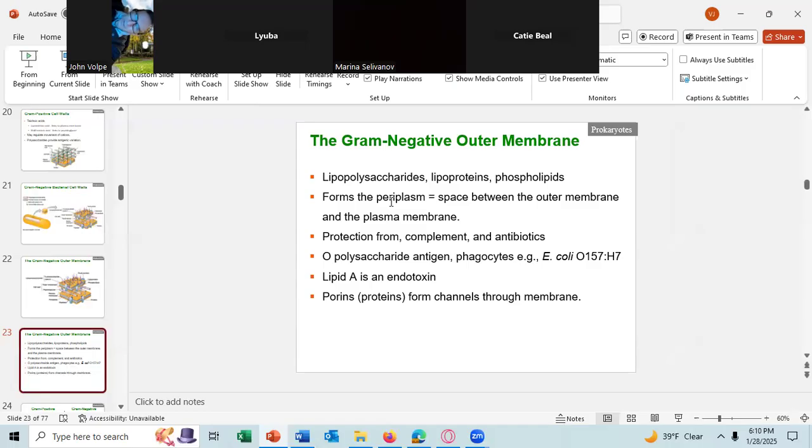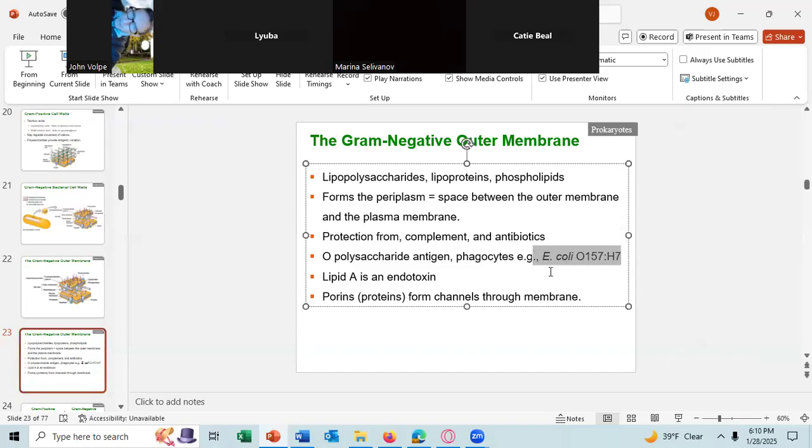The outer membrane also has O polysaccharide antigen, which gives the different species an antigenic differentiation. Like I'm sure most of you have heard of E. coli O157:H7. This is actually two antigens, the O157 is one, the H7 is another. This E. coli is a human pathogen.